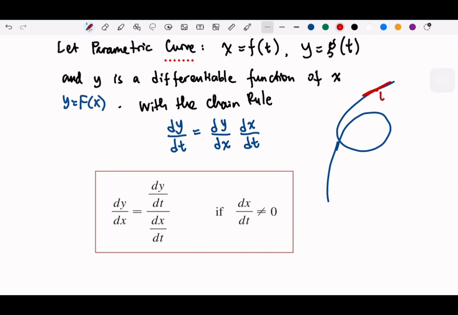So at t equals something, we have a tangent like this. Or if you see this part here, we have a horizontal tangent, and maybe here we have a vertical tangent. That is what we can now put into our sketch: vertical tangent and horizontal tangent in the parametric world.